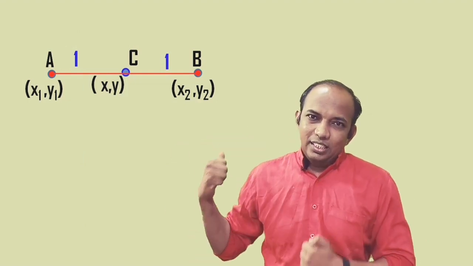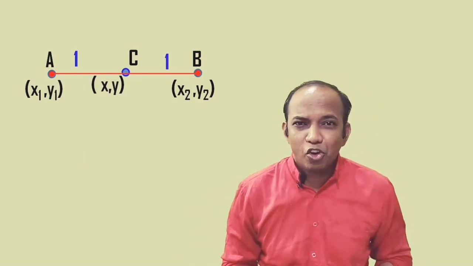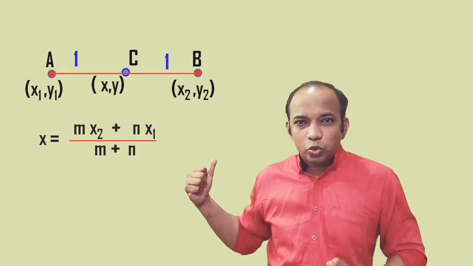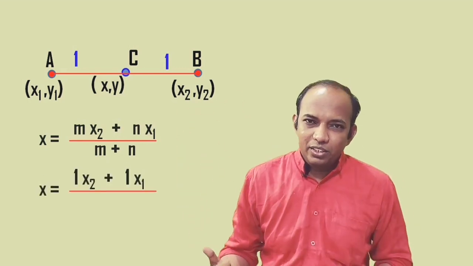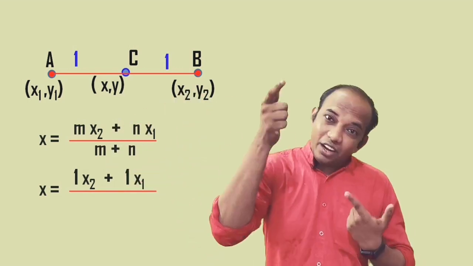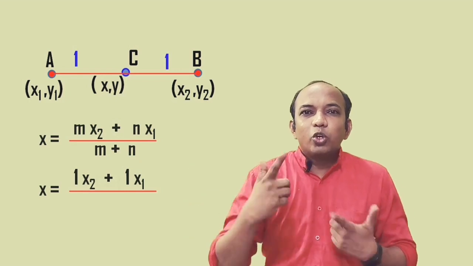In such a case, what will be the values of x and y according to the section formula? Here we have x equals 1x2 plus 1x1, because the value of m is 1 and the value of n is also 1, the whole upon 1 plus 1. What do we get?